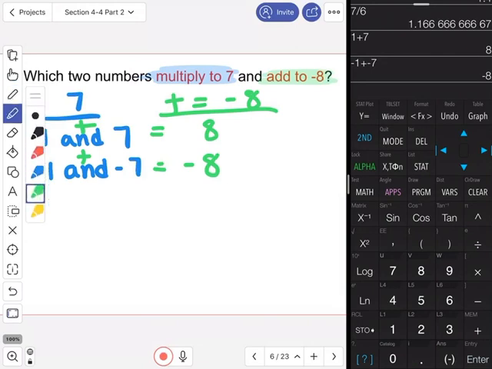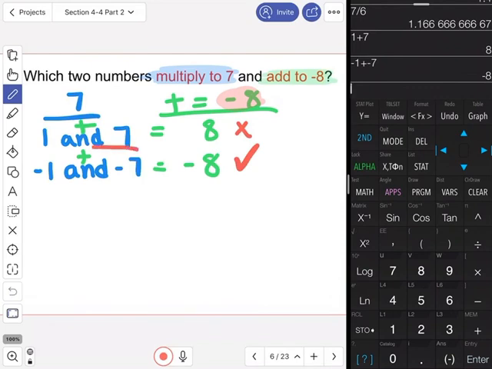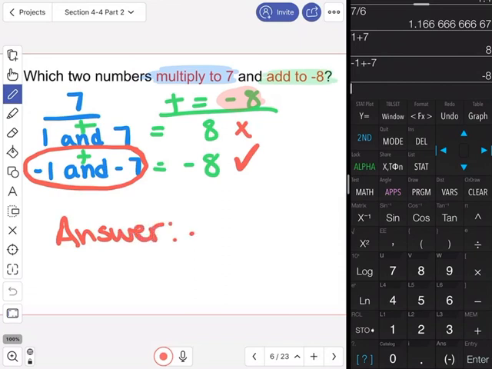So if we're seeing which of these pairs adds to negative 8, the first one adds to positive 8, so it doesn't work, but the next one adds to negative 8, so it does work. So my answer in this case is negative 1 and negative 7.